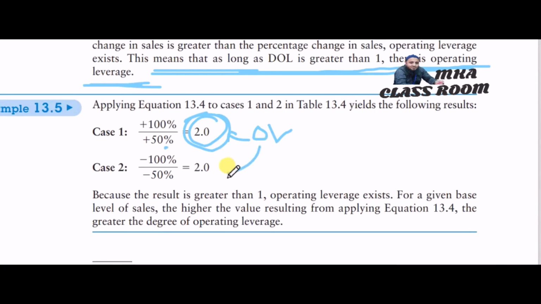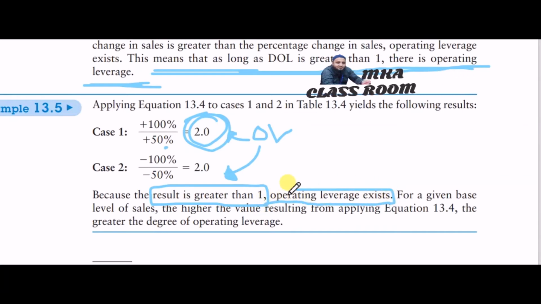Here also, whenever sales decrease, our operating leverage is 2. Because the result is greater than 1, operating leverage exists.